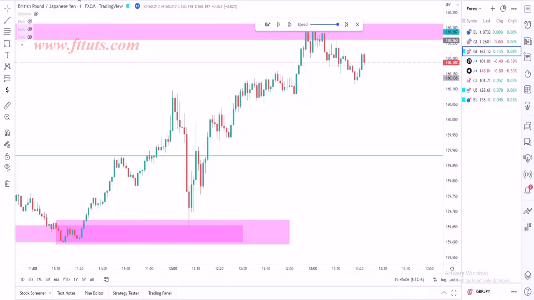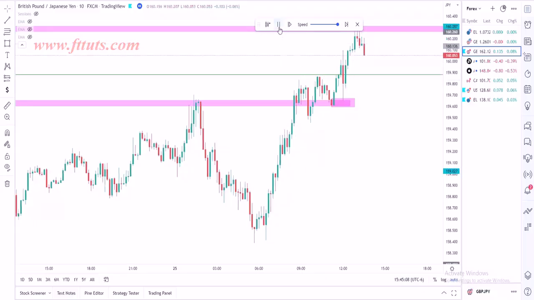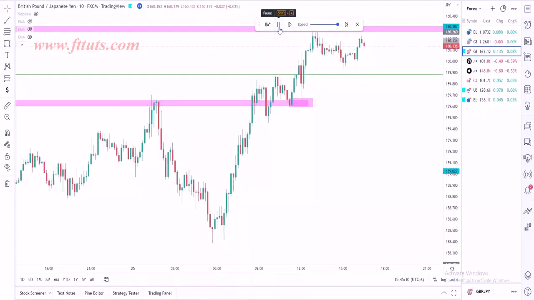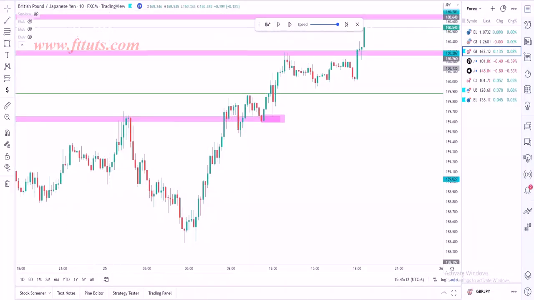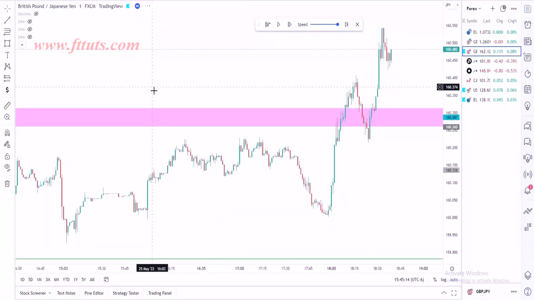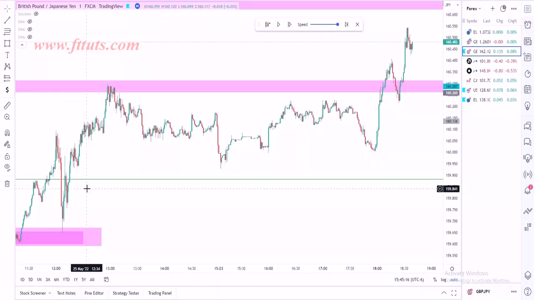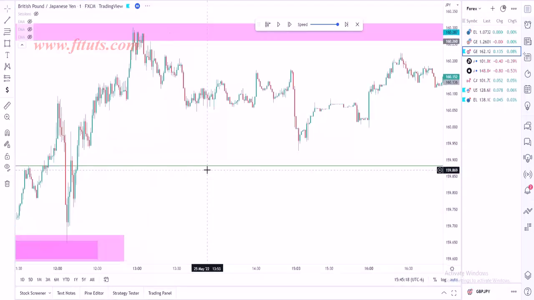Okay, and that one just kind of went out there now. Let's see what happened though. Yeah, so it looks like there is an order block there, and it looks like there is an order block there. Now, which one do you use? I wouldn't have used either one of them because price pulled so far away. It went up to this level of resistance and it's just kind of doing something else now.